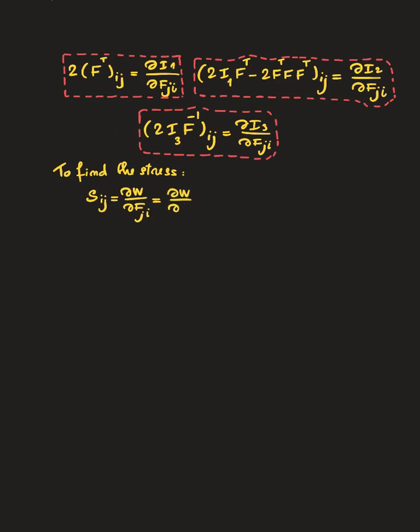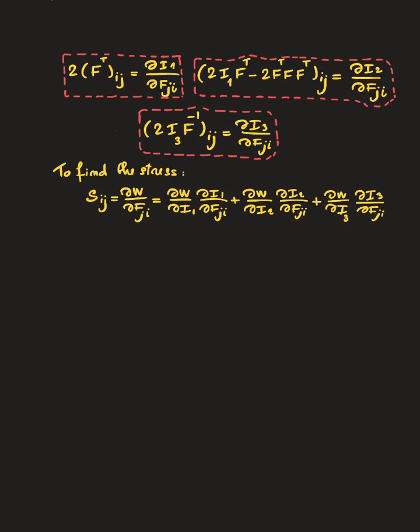Let me do it. Derivative of W with respect to I1, and then the derivative of I1 with respect to Fji, plus the derivative of W relative to I2 times the derivative of I2 relative to Fji, plus the derivative of W relative to I3, and then the derivative of I3 relative to Fji, right?